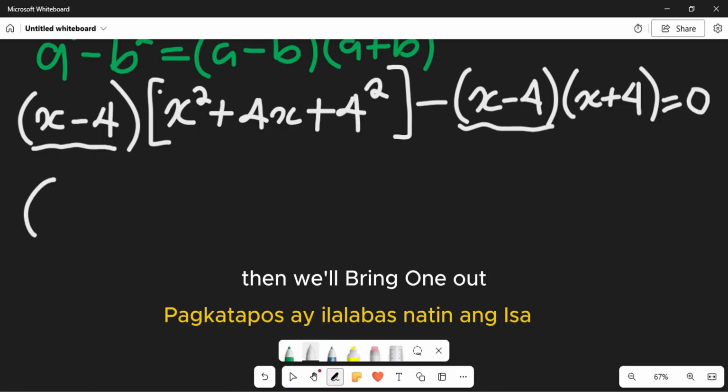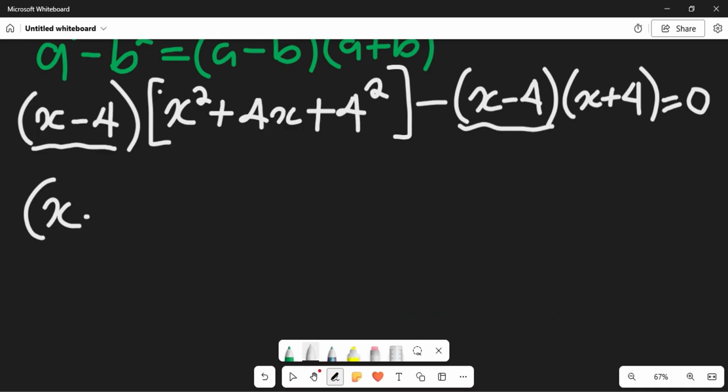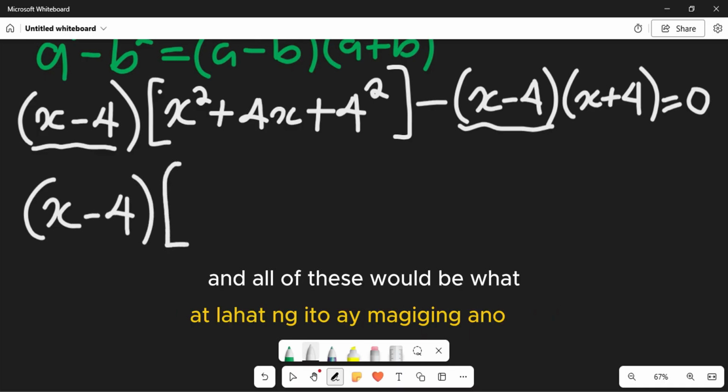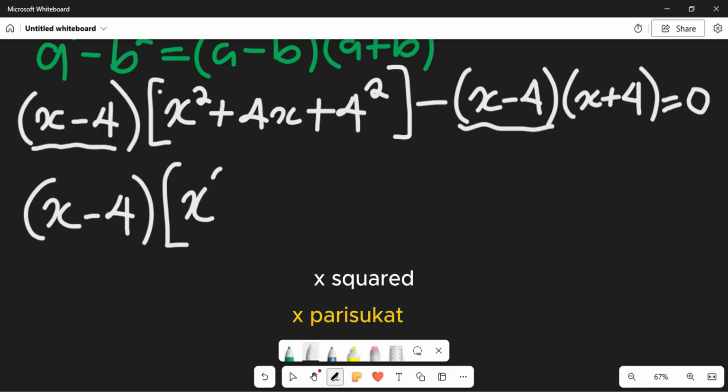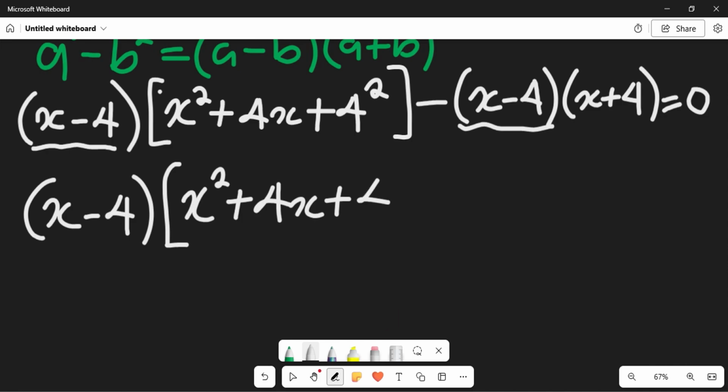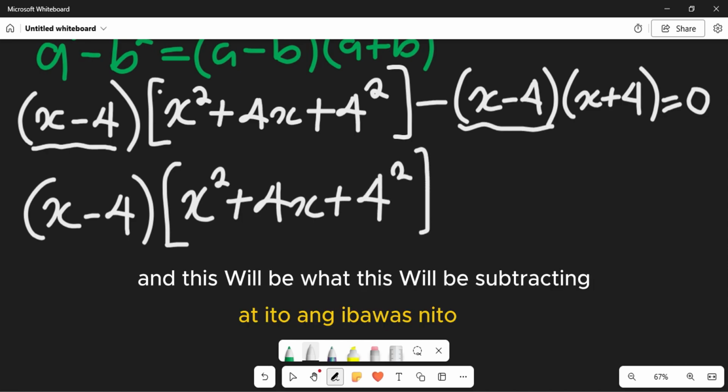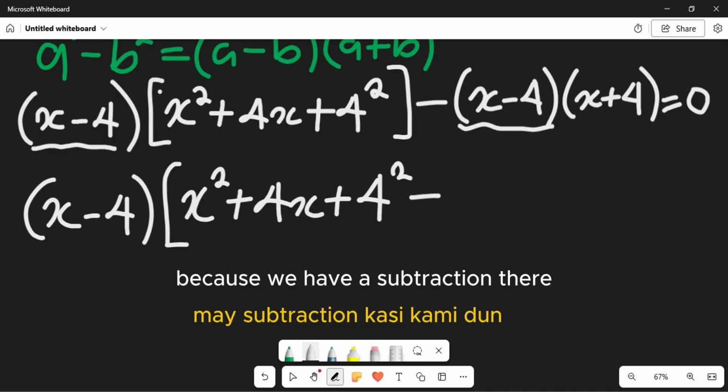Then we'll bring one out, and we'll have x minus 4, and all of these will be x squared plus 4x plus 4 square, and this will be subtracting, because we'll have a subtraction there.